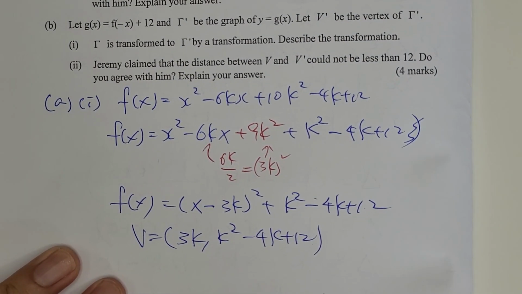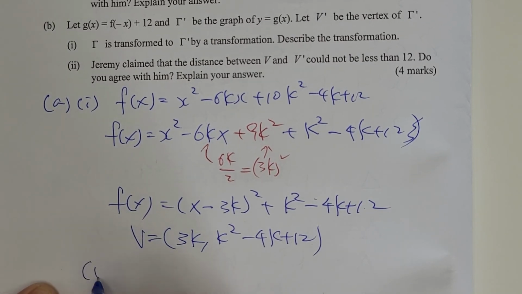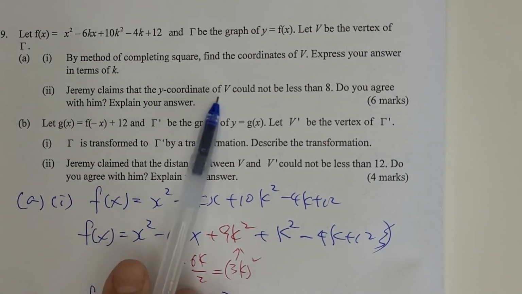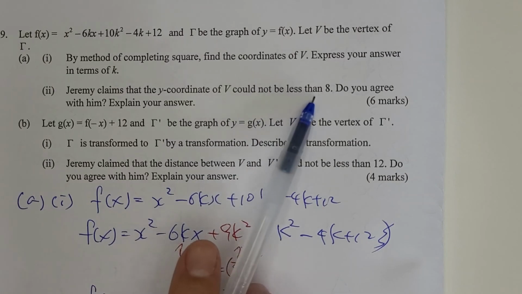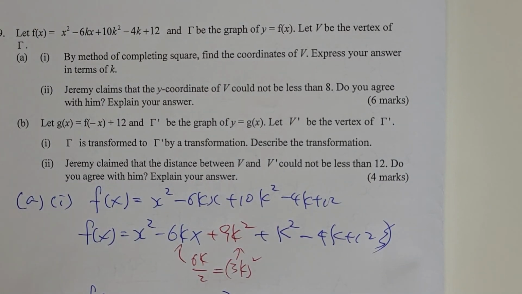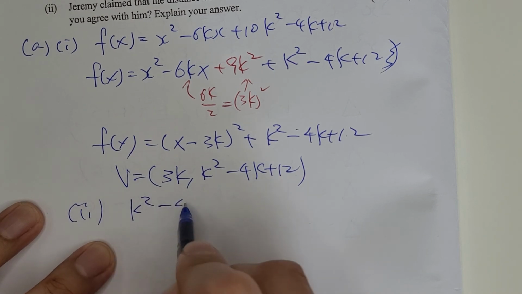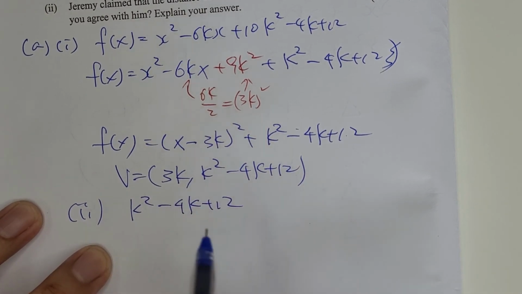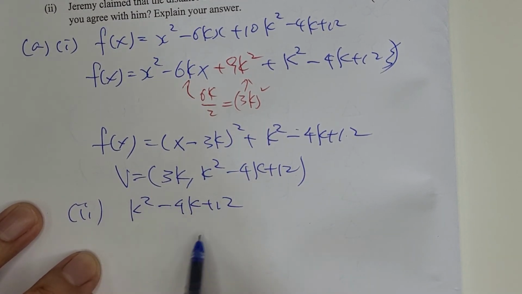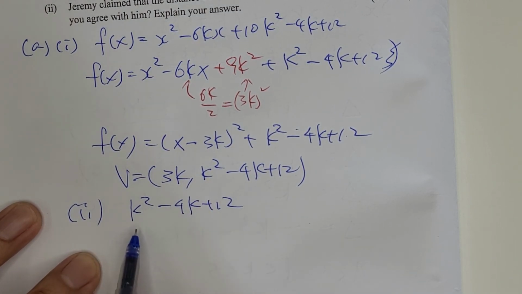Let's finish part A1. A2, Jeremy claims that the y coordinate of V could not be less than 8. So let's see. k squared minus 4k plus 12. Someone claims that this is not less than 8, for any value of k.